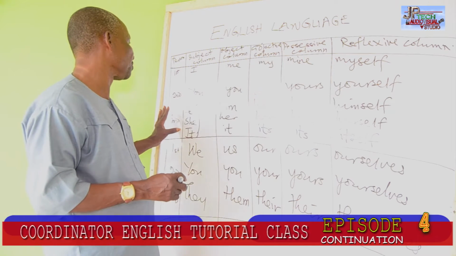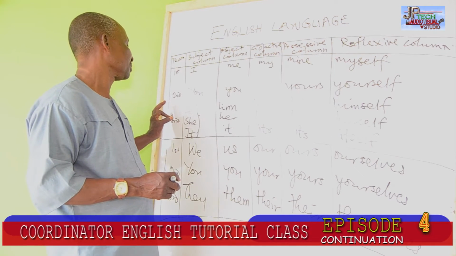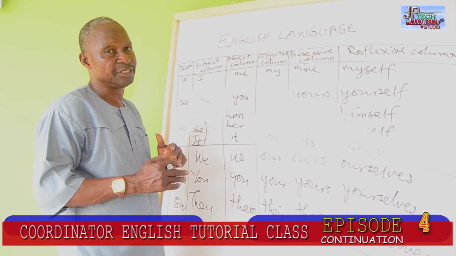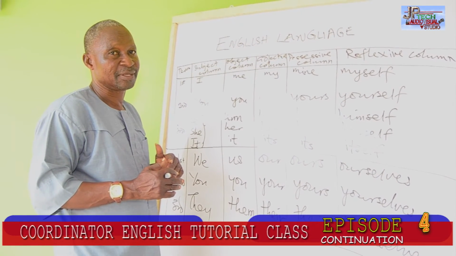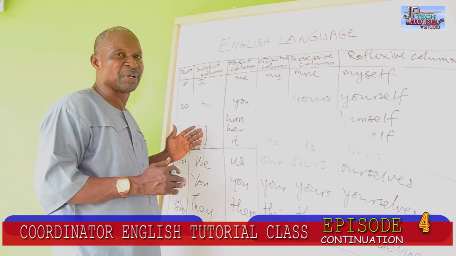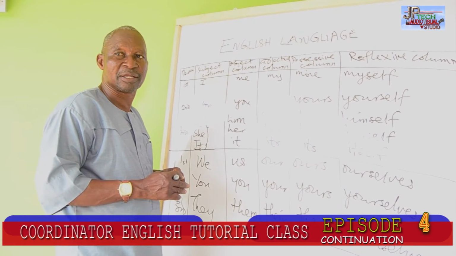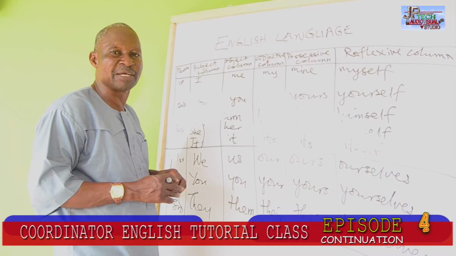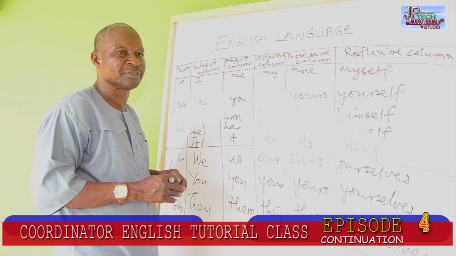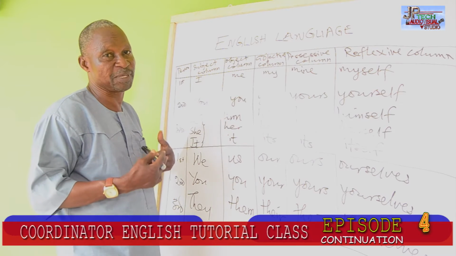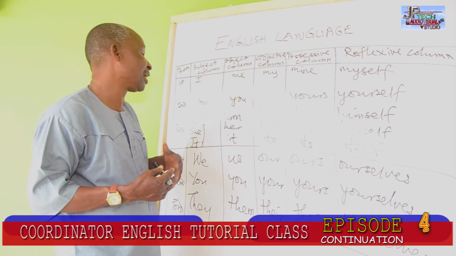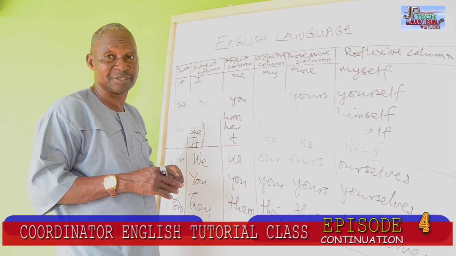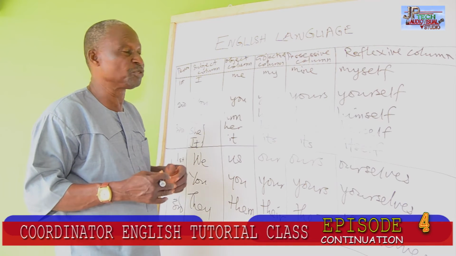For the third person singular, subject column, he, she, it. That is the person we are referring to, or what we are referring to in our speech. Don't forget, first person is the speaker or the writer. Second person is the person being addressed, that the speaker is speaking to.